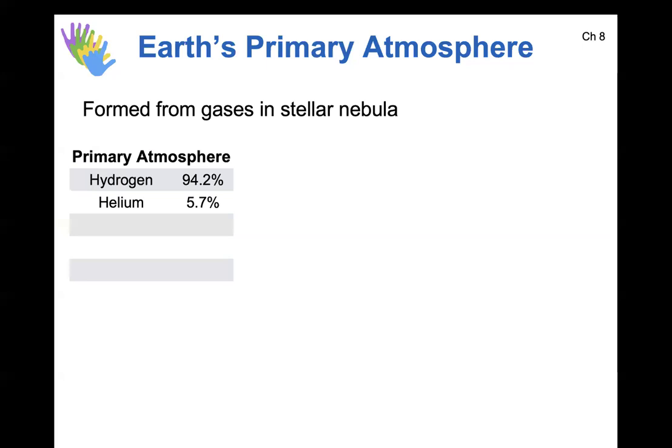So in the very beginning, which is kind of a funny statement, when the solar system began, it was all hydrogen and helium. At least, there were heavier elements to begin with from previous generations of stars. That's where all heavy elements come from, which we'll talk about later.